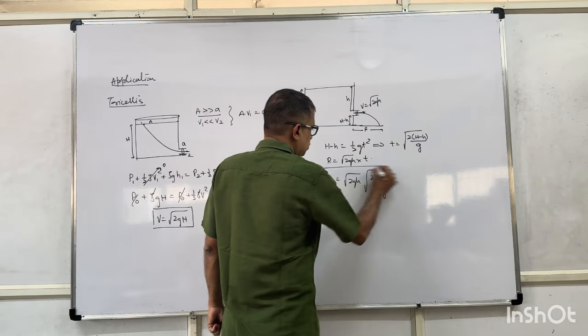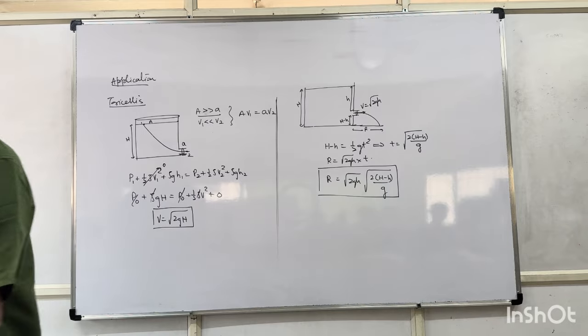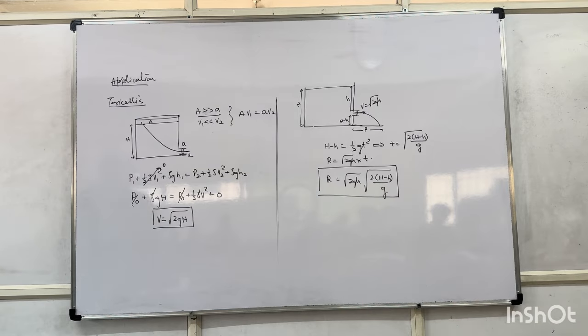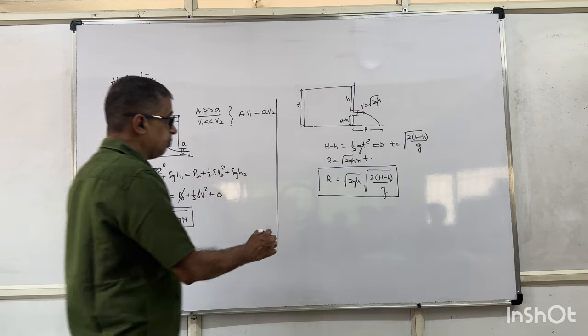Now this is the range of the liquid which is coming out of the flask, right? Now if I want this range to be maximum, what will I do? Root 2 into root 2 is 2 root over of (H minus h) into small h. Root g will get cancelled out. For R to be maximum, dR by dh should be 0.